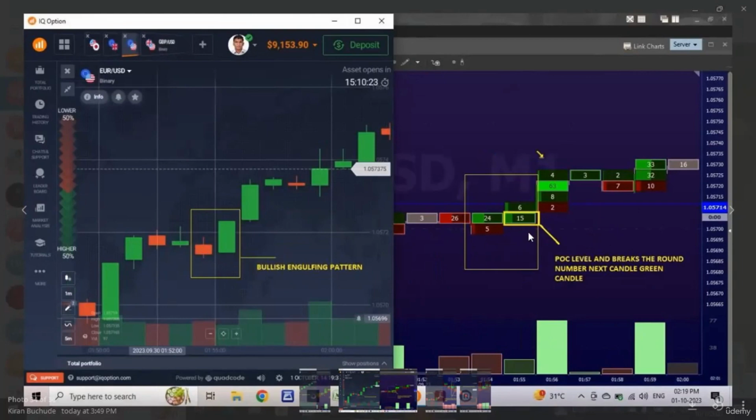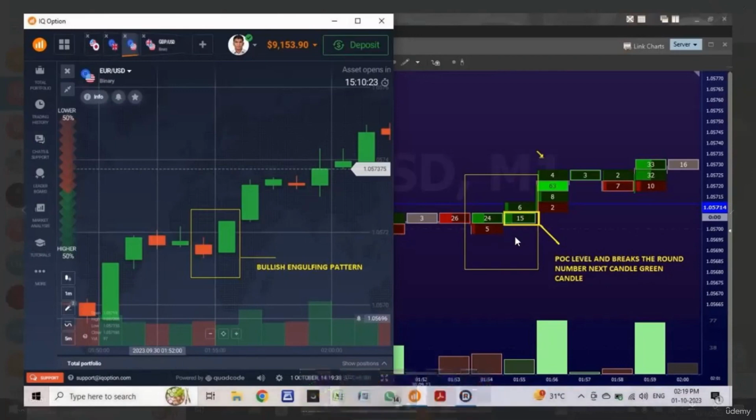So what happened in the outside bar pattern? This is 524. And here 15. Volume, yes, it's okay. I don't know what type of candlestick formed here.